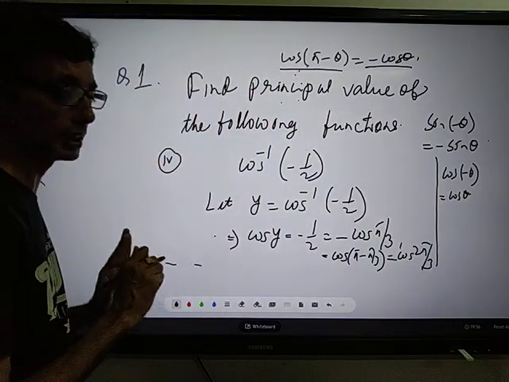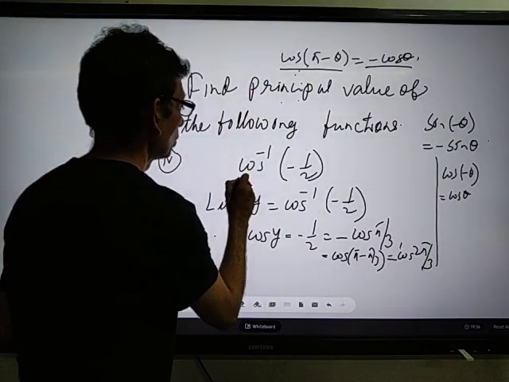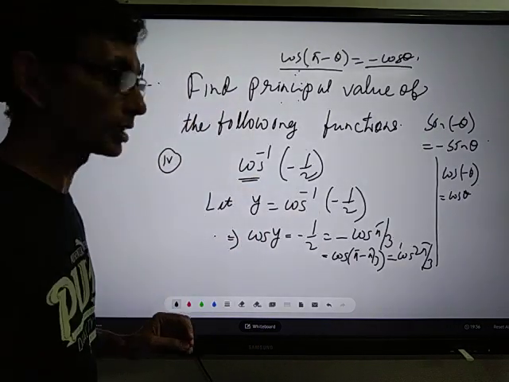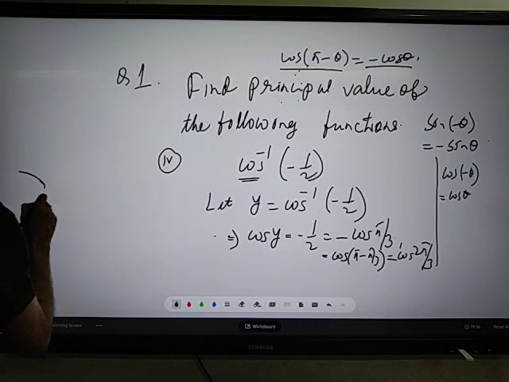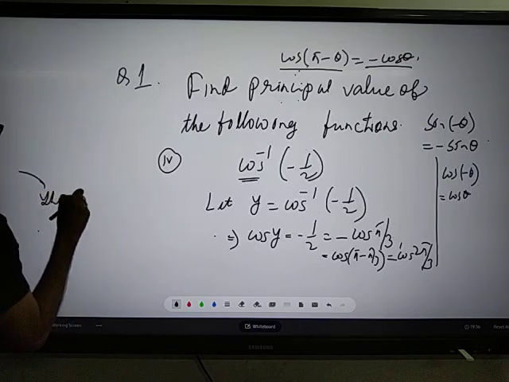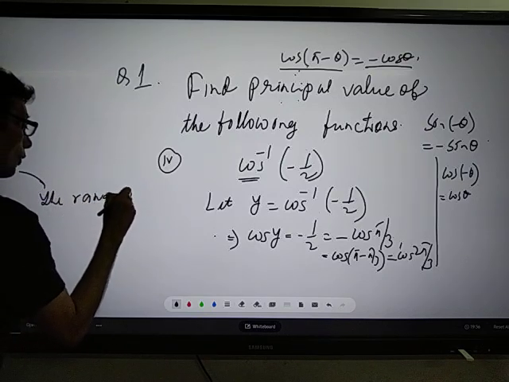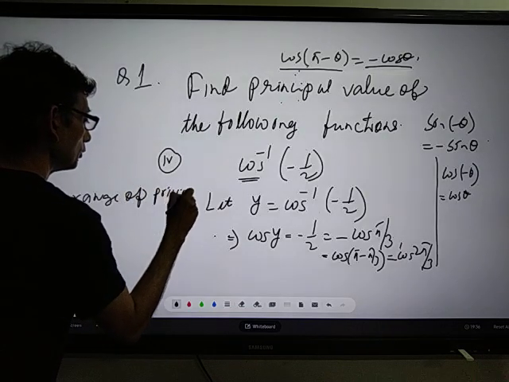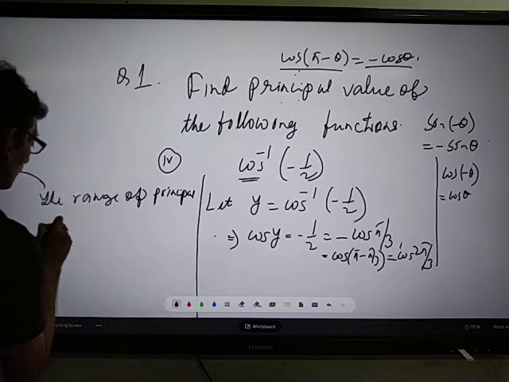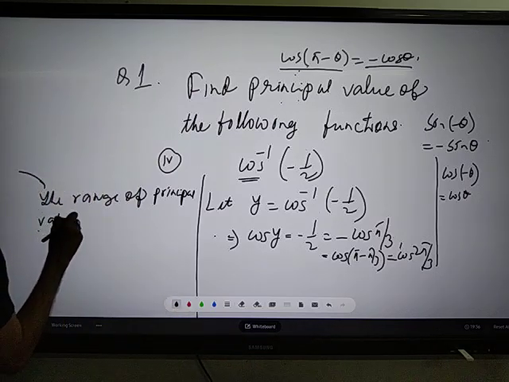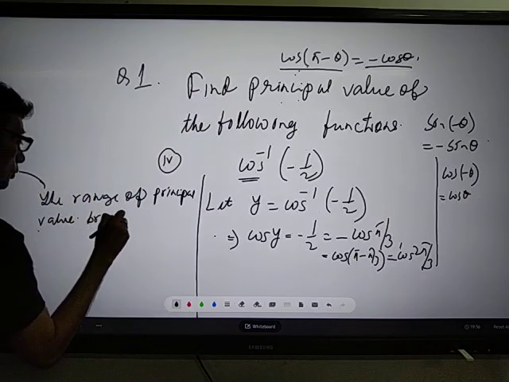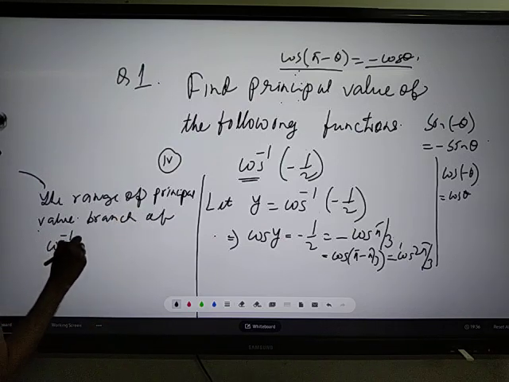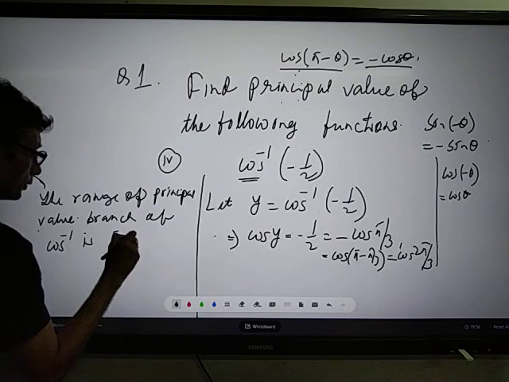Now most important is, what is the range of the principal value branch of cos inverse? It is 0 to pi.